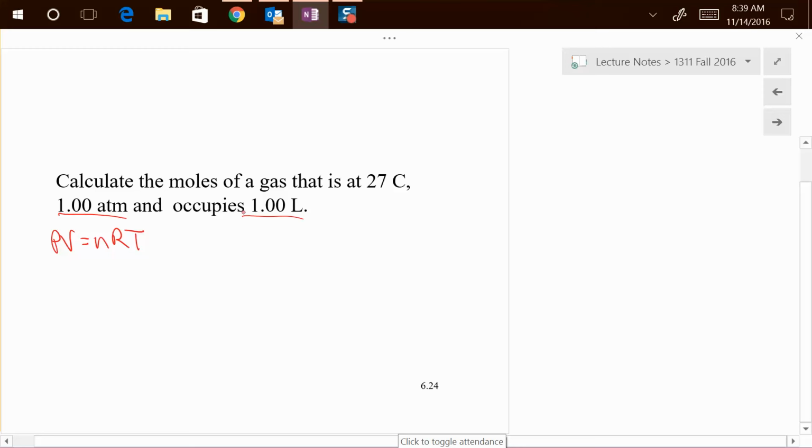Yes. Do I have moles? No. That's what I'm looking for, right? Do I know what R is? Yes, it's a constant, 0.0821. It never changes. What about the temperature? Did they give me the temperature? Yes. Got to put it in Kelvin. So I'm solving for n here, right?